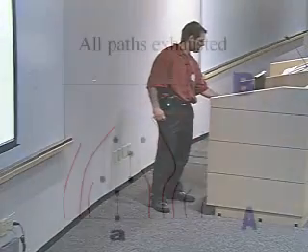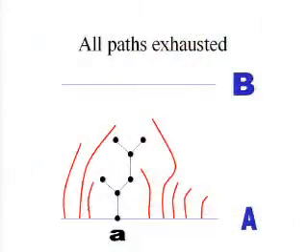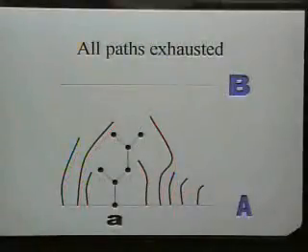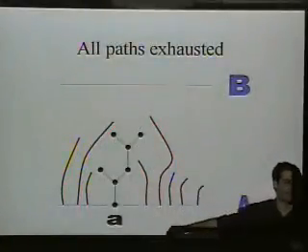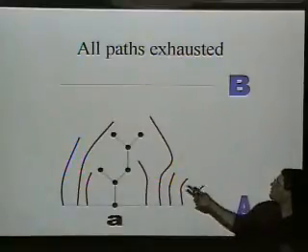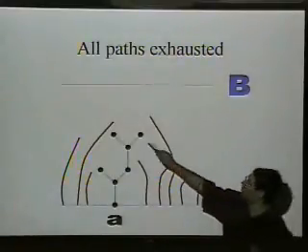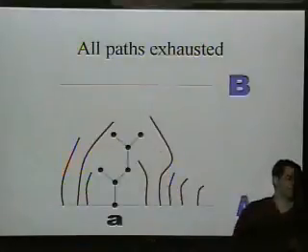Okay, so eventually all the paths are exhausted. So this red wave is a wave in the original graph minus the tree. But it also goes through every vertex from which you could escape from the tree.